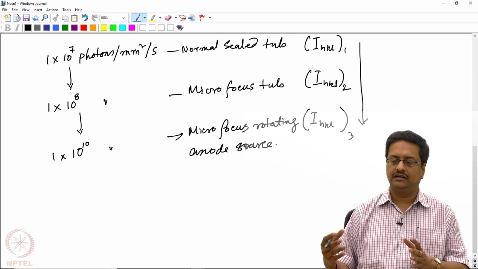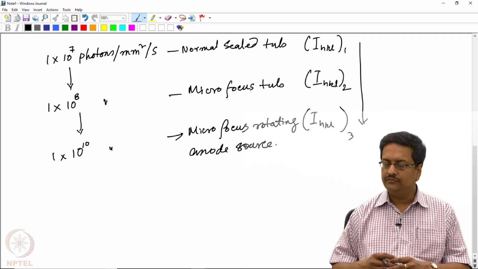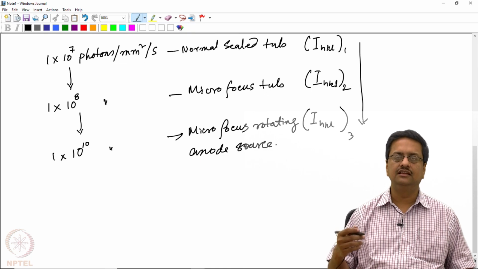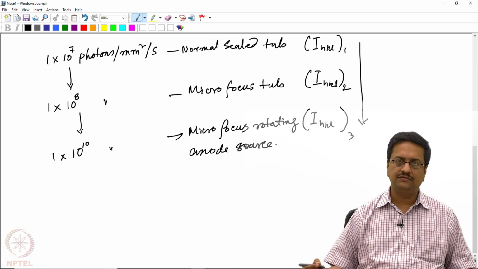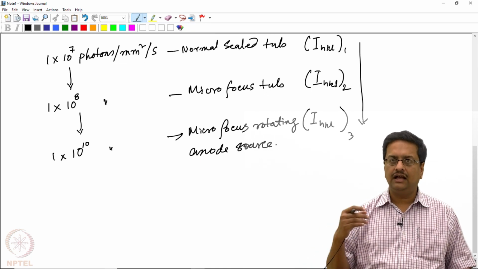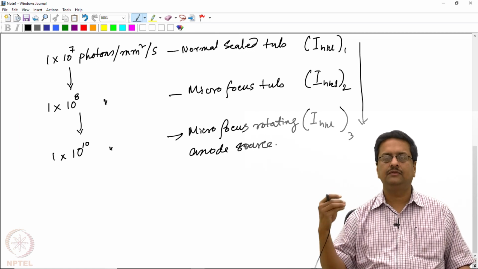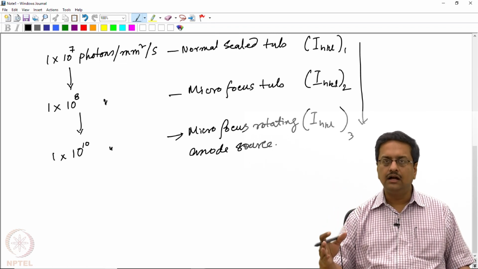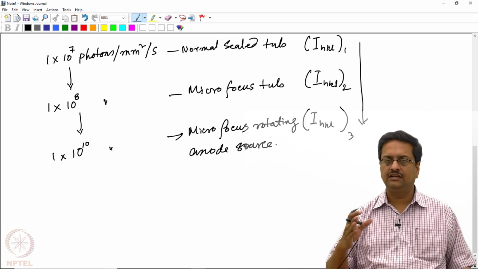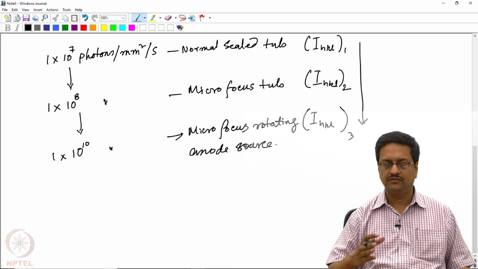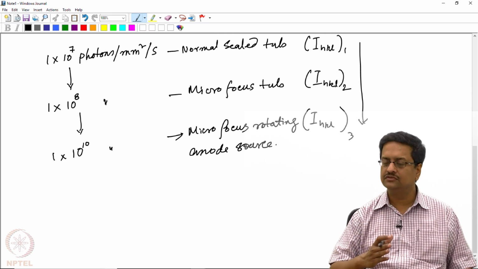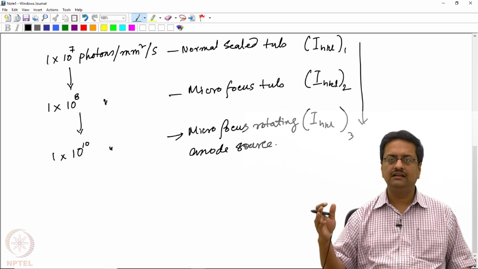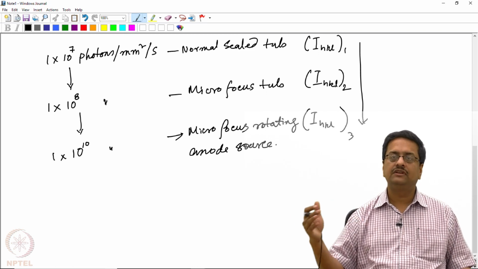If that happens, then the structure solution program will not be able to identify the atoms correctly, because for the structure solution program, the basis for identifying atoms is the intensity of the diffracted beam. So, if I have a large diffracted beam coming from the 100 reflection, and that 100 reflection having a lower intensity with a microfocus source, much lower with a sealed tube source, the atom that may be responsible for that particular intensity may become different.